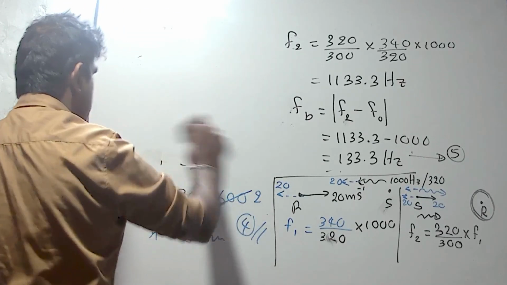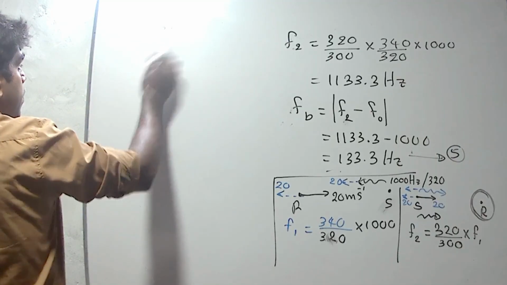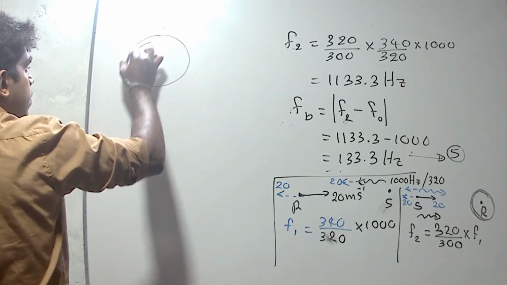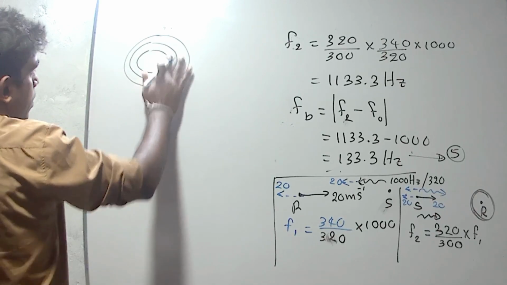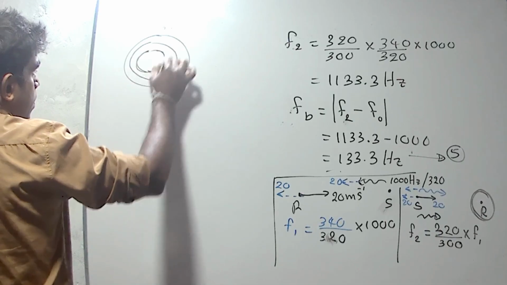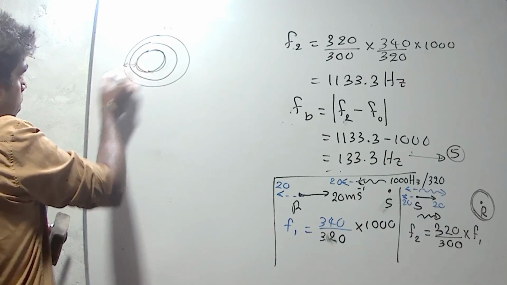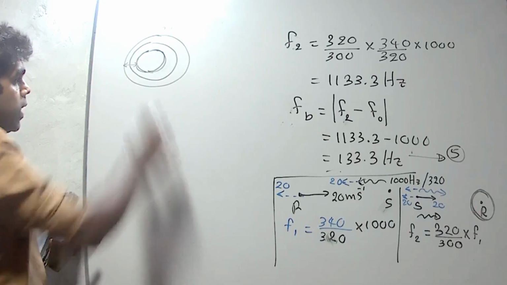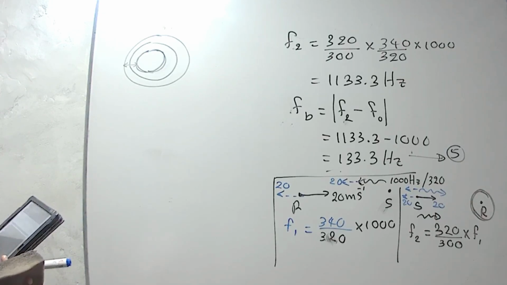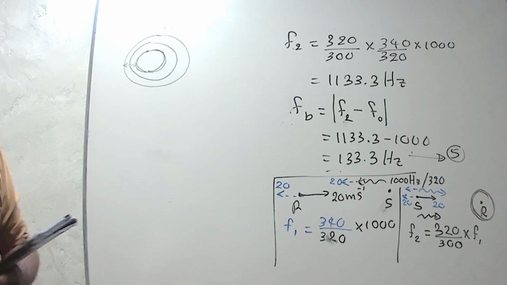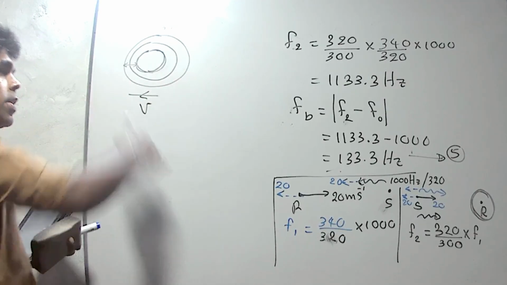In the first diagram, we can observe that the wave progressions are near to each other in this direction, it means the distance between two wave progressions is a small value. In this direction, therefore, this source should be moving in this direction.